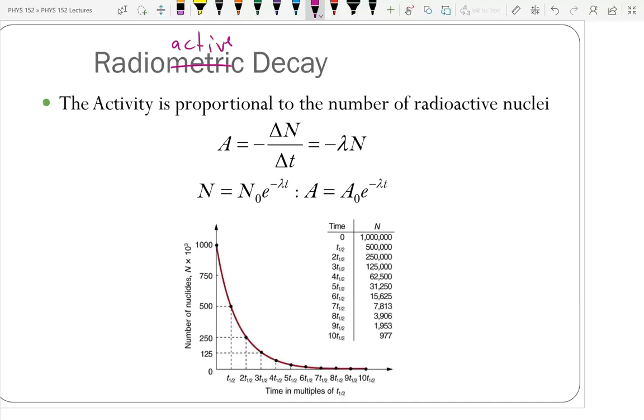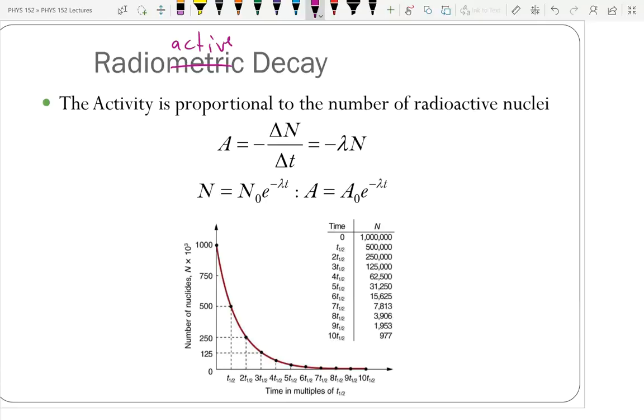Some of them, there's a higher probability per second of decaying than others. But for each element, there's a certain probability of decay. So that means if we measure the activity, which is the rate of decays, the rate of decays will be equal to a constant multiplied by the number of radioactive nuclei we have.